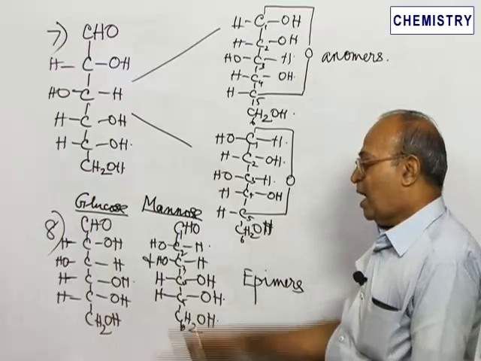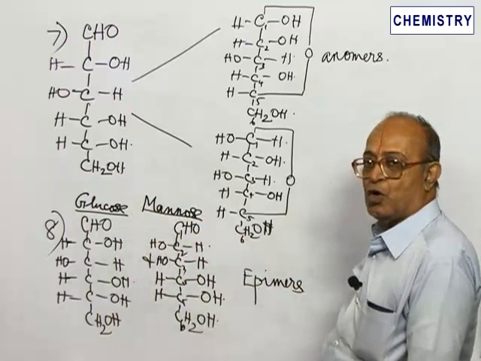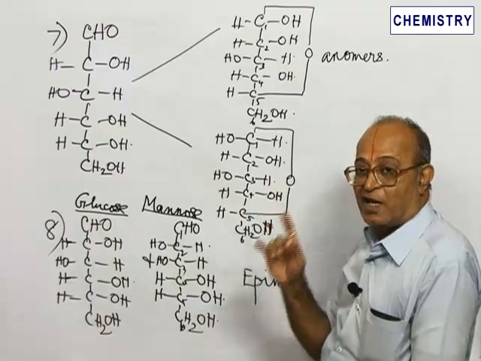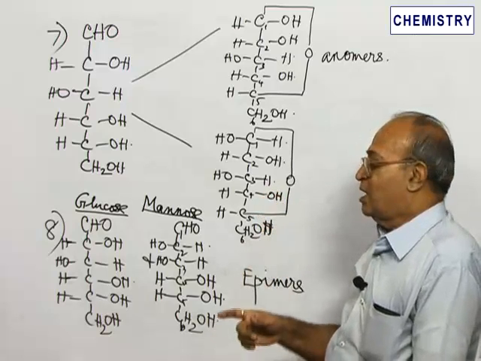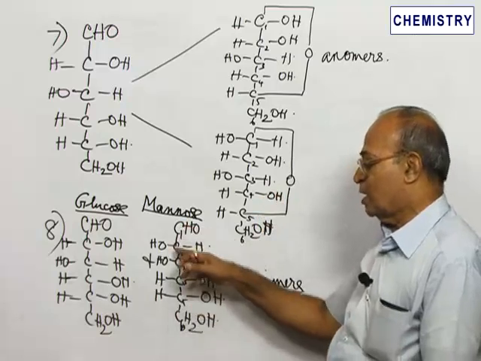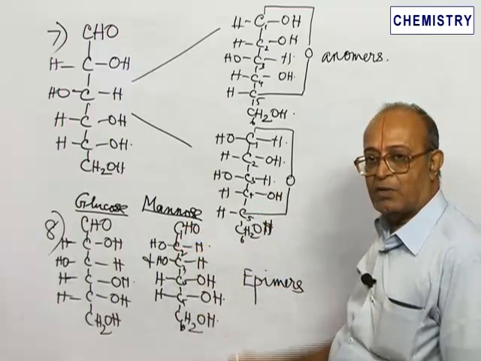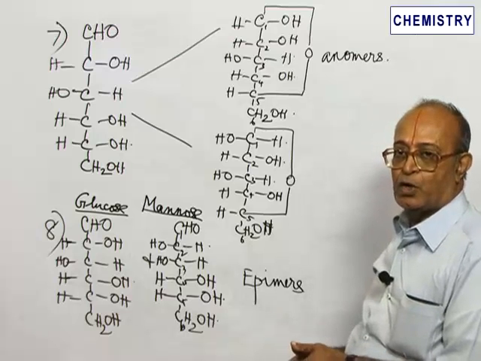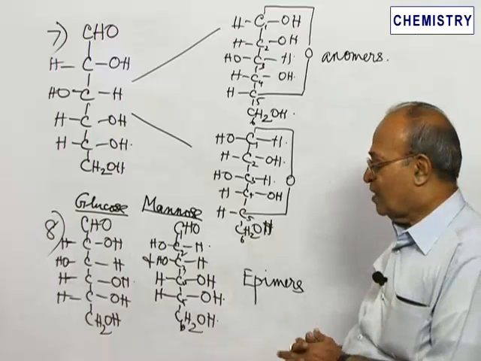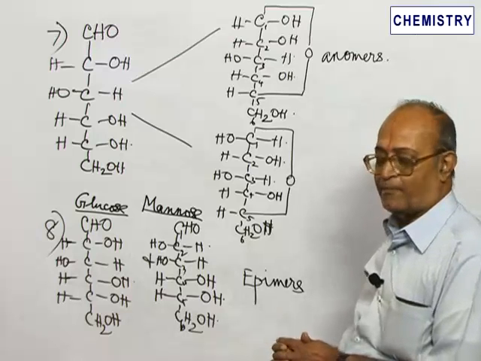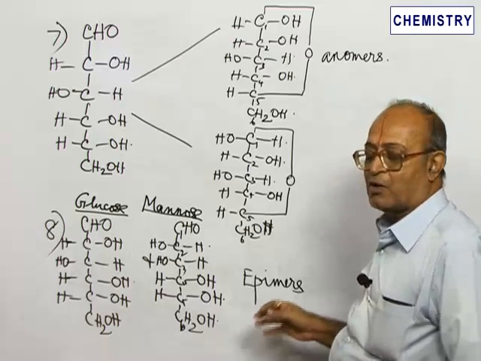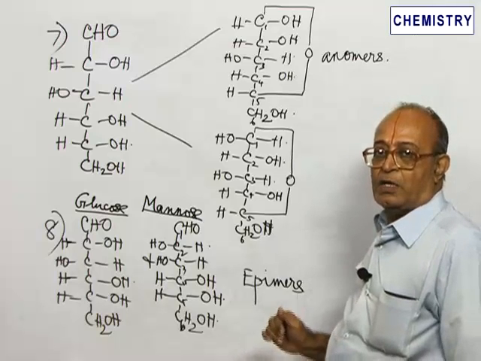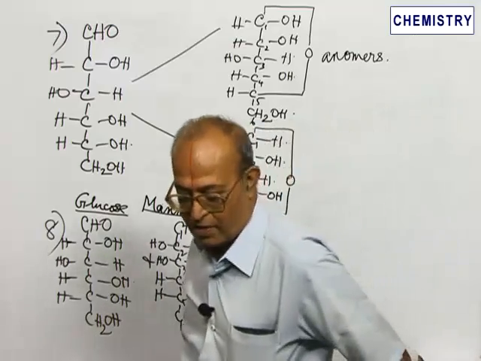But as in the case of glucose and mannose, in which the configuration is different not around carbon number 1 but around carbon number 2, therefore, glucose and mannose, in which the configuration around the second carbon is different, are known as epimers. Do you follow? So, a difference in C1 and a difference in C2.